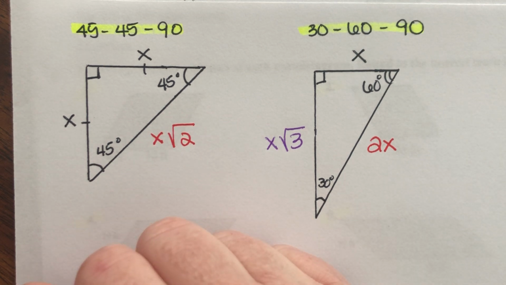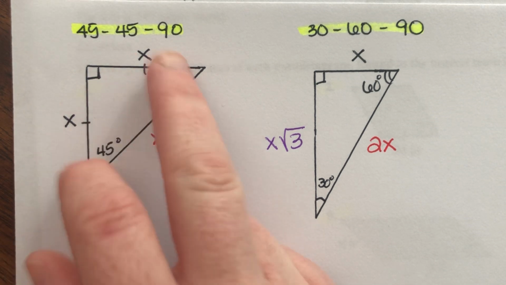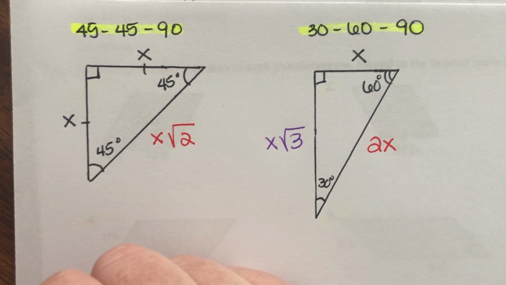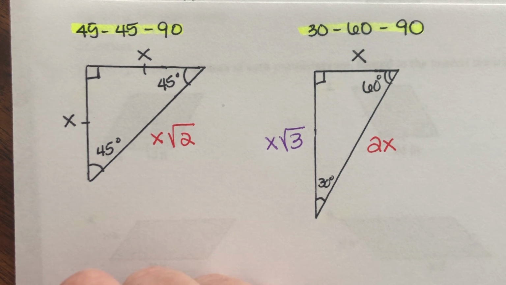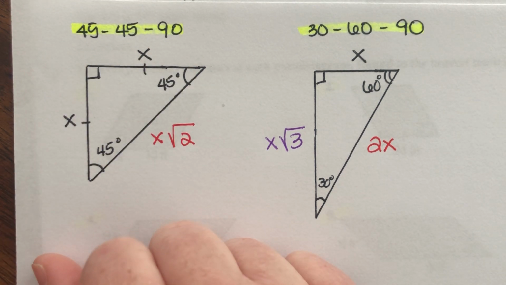The other two are both equal, both congruent, both 45 degrees. So if that's the case, then the two legs are congruent, and we just call them x. And then for the hypotenuse, whatever one leg is, you just multiply it by the square root of 2. And that's how you find the hypotenuse of a 45-45-90 triangle.